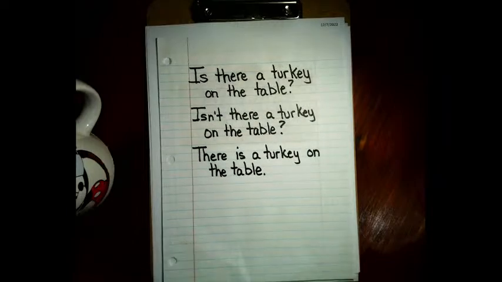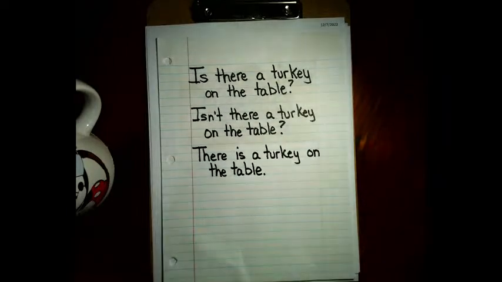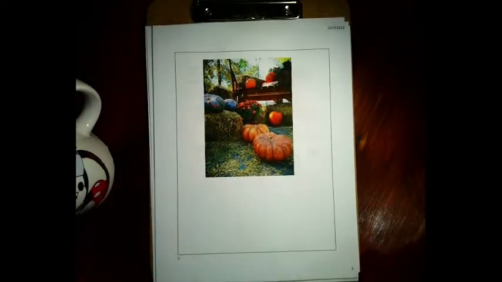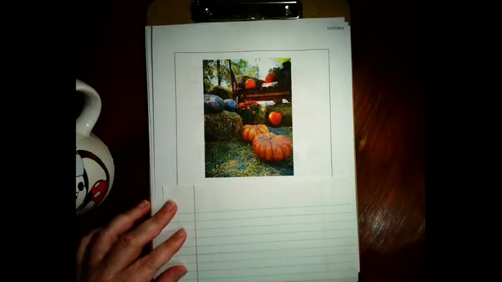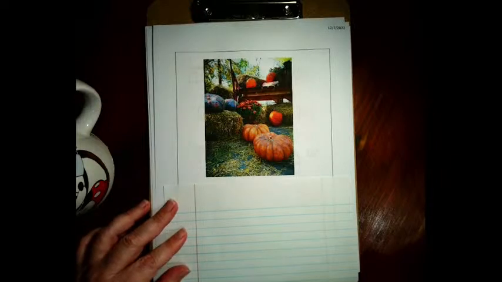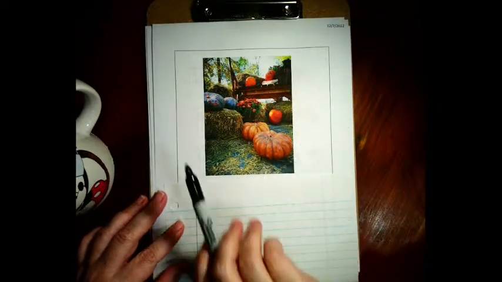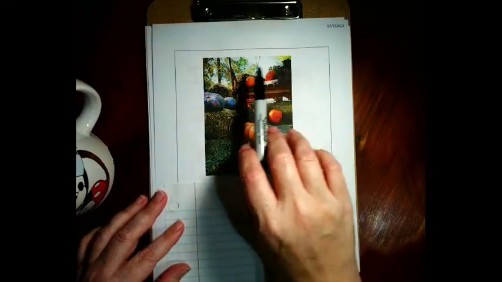Okay, let's look at our next picture. So let's see, 1, 2, 3, 4, 5, 6, 7.